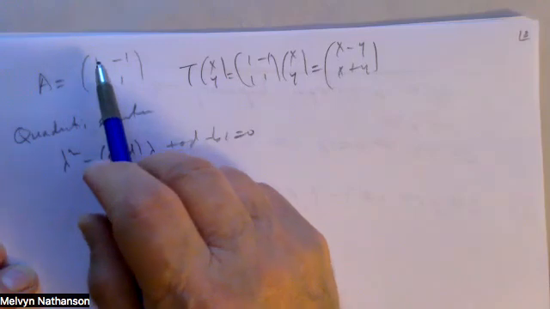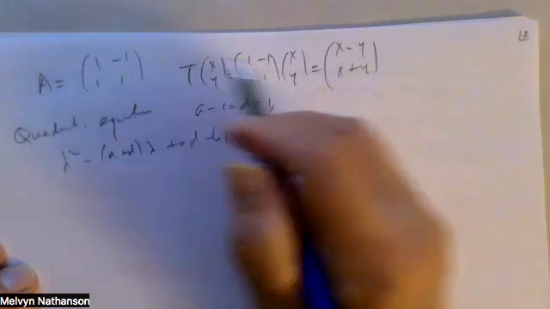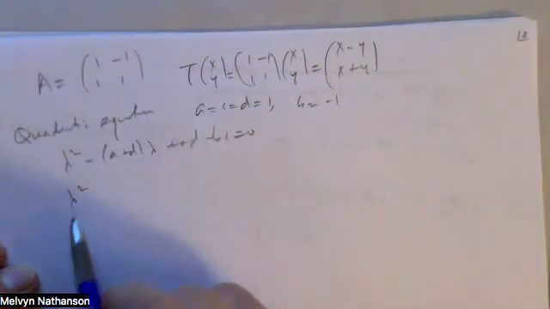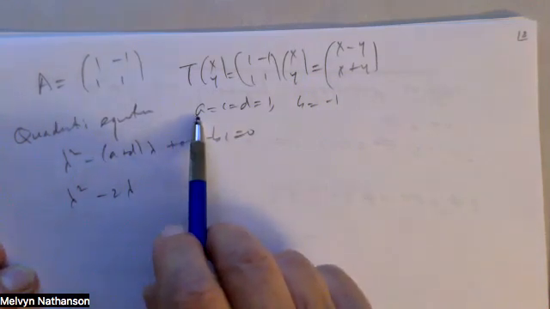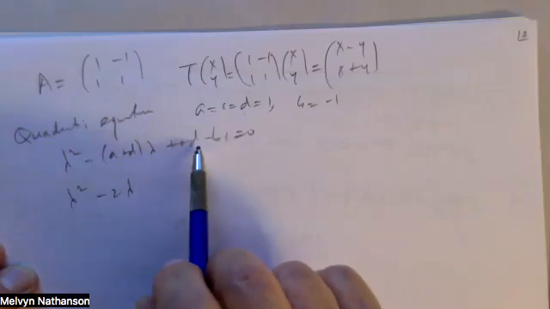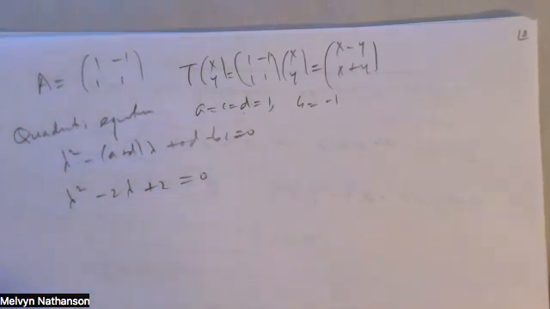In this case, a, c, and d are 1, and b is minus 1. So we get lambda squared minus 2 lambda plus ad, which is 1, minus bc, which is minus 1, so 1 minus 1 plus 2 equals 0.